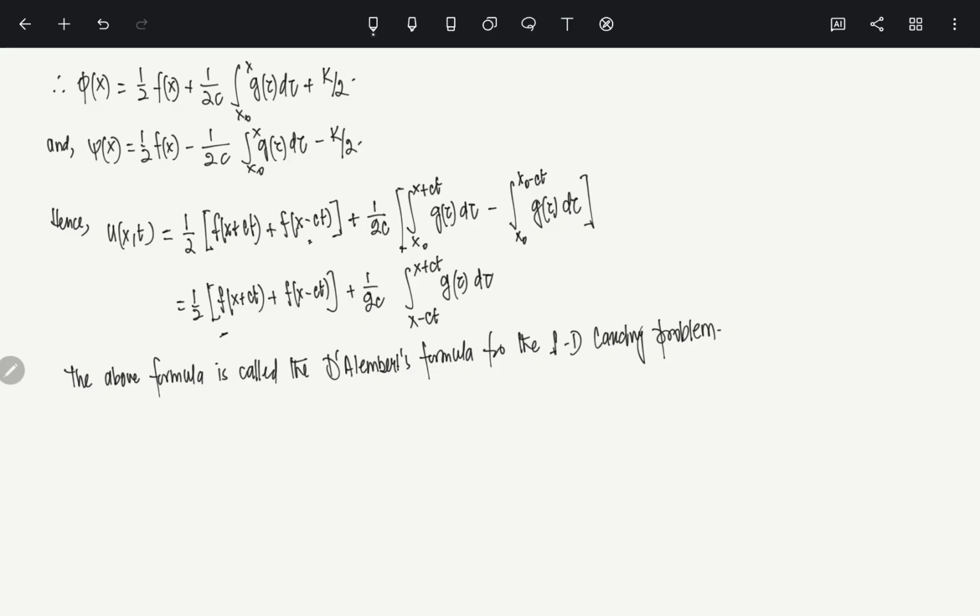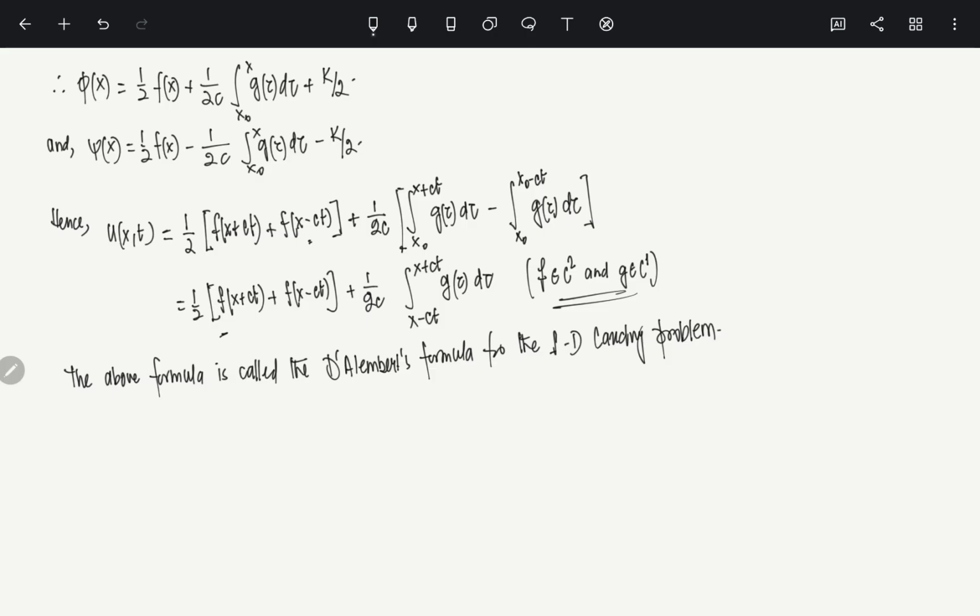And of course, this satisfies the initial condition. That is trivial to see. So this is true. Of course, here it is assumed that f has to be at least C2 and g is C1. This is our assumption. With this assumption, this is always true.